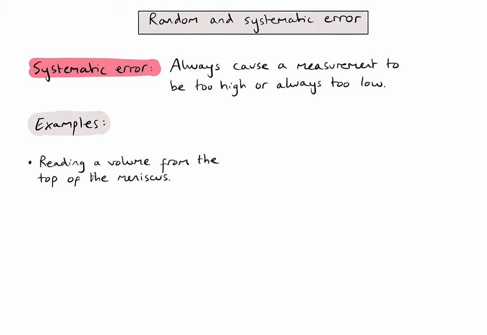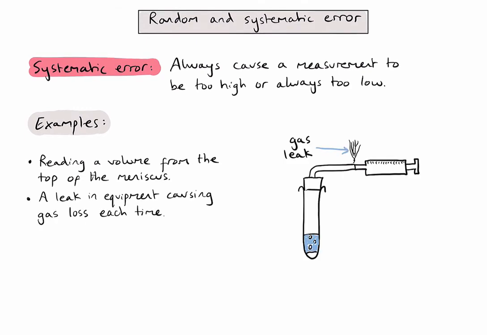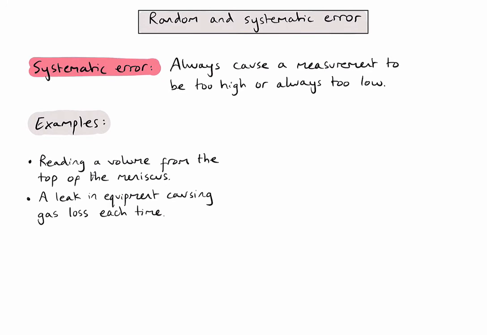A second common systematic error when measuring the volume of a gas is perhaps a leak in the equipment causing a loss of gas. In this case, a gas leak will mean that my measured volume of the gas is always lower than it should be. So again, this is considered a systematic error. Another systematic error might be overshooting the endpoint in a titration.